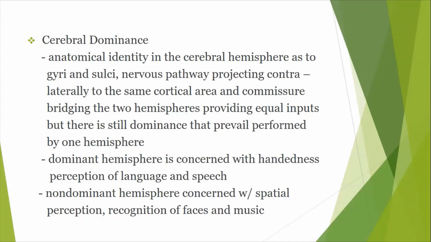The dominant hemisphere is concerned with handedness, perception of language and speech, while the non-dominant hemisphere is concerned with spatial perception, recognition of faces, and music. Meaning to say, when you are right-handed, your left cerebral hemisphere is more dominant, because remember it crosses.